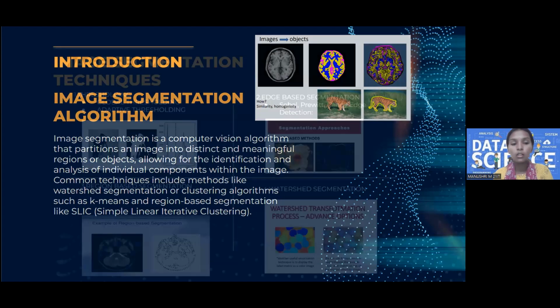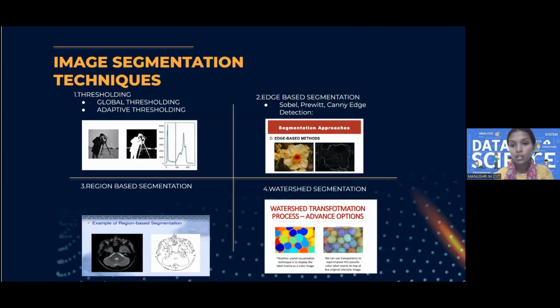Image segmentation has various techniques, and I'm going to discuss the 8 main ones. The first one is threshold image segmentation. Here we fix a threshold value, and based on it, the picture is converted into a binary image, that is, a black and white image, so that it focuses only on the particular object.